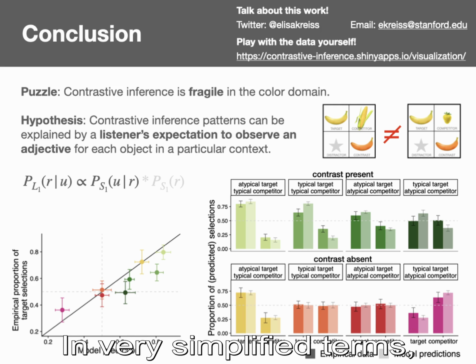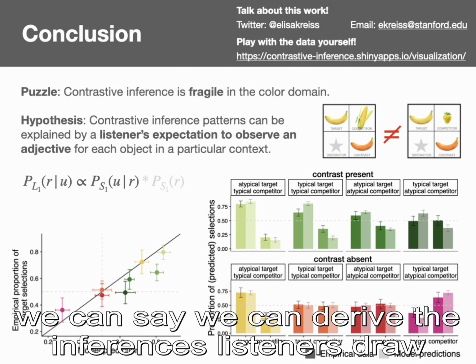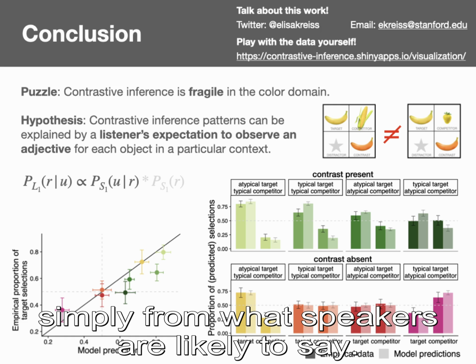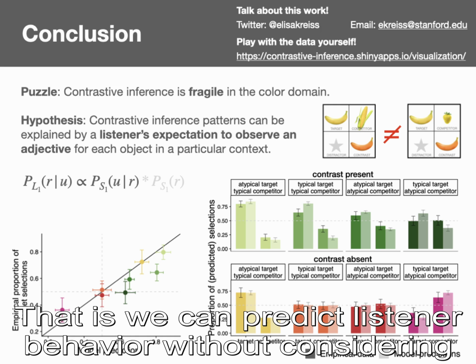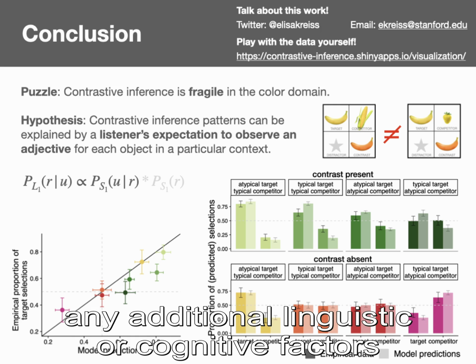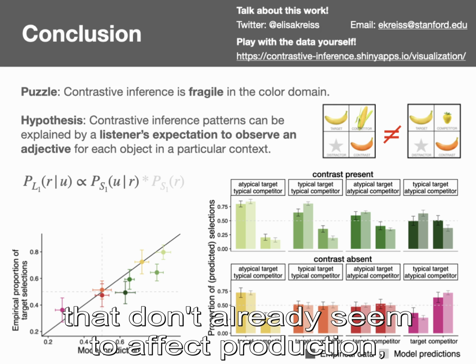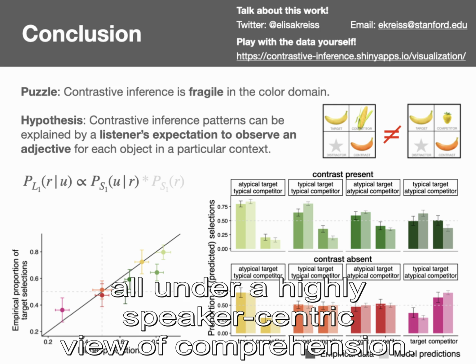In very simplified terms, we can say, we can derive the inferences listeners draw simply from what speakers are likely to say. That is, we can predict listener behavior without considering any additional linguistic or cognitive factors that don't already seem to affect production, all under a highly speaker-centric view of comprehension.